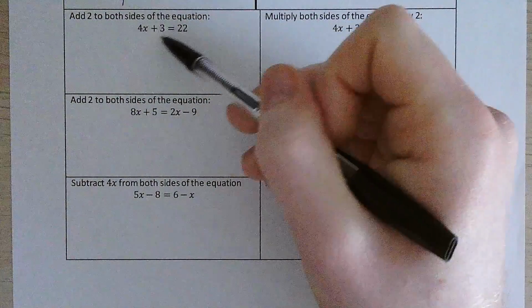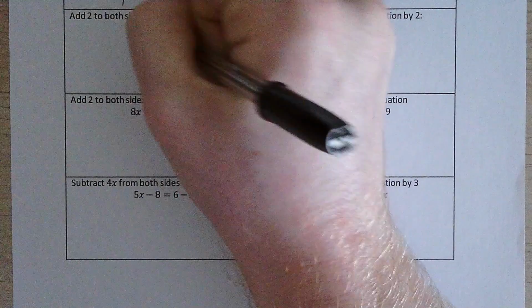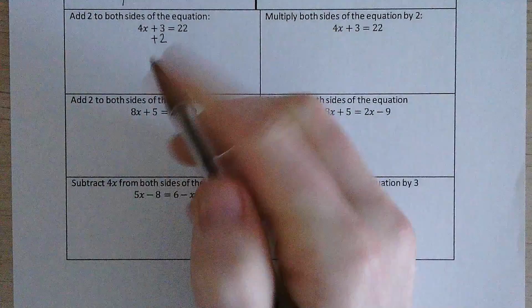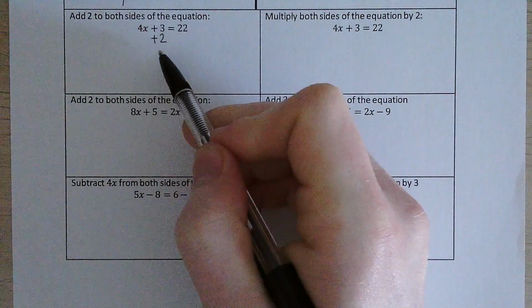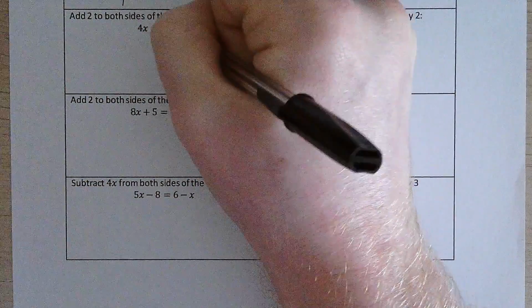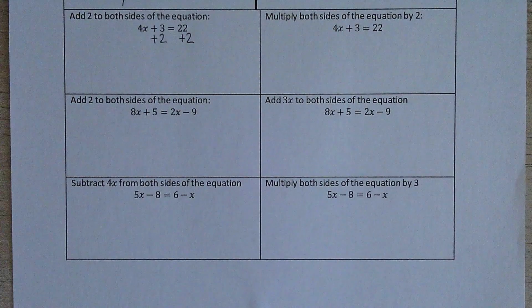I can do 3 add 2 quite easily, so I'm going to write an add 2 underneath the add 3. This is showing that I'm adding 2 to the left side of the equation. Now I need to add 2 to the right hand side of the equation. 22 is the only term on the right hand side, so I can write add 2 underneath.